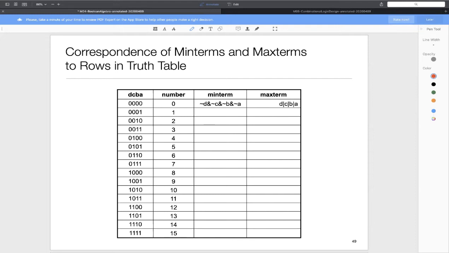I write that out here. And for the maxterm, I write down the one which gives me the value 0 when D, C, B, A are 0.